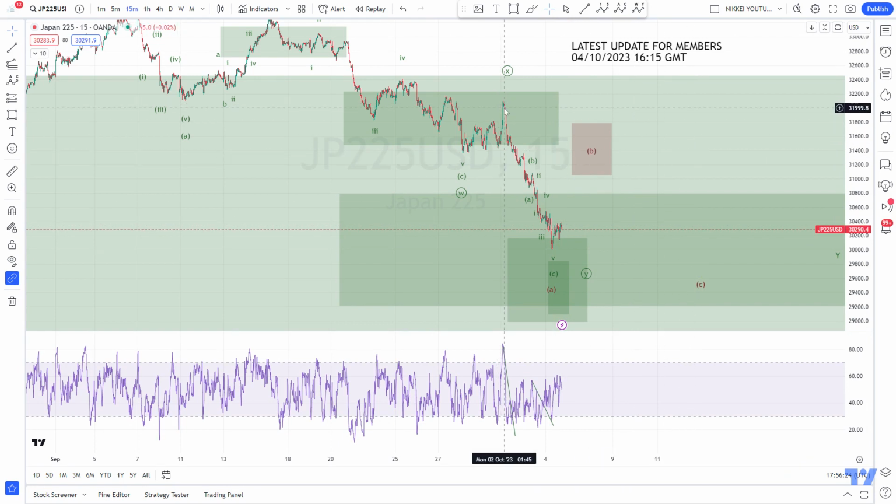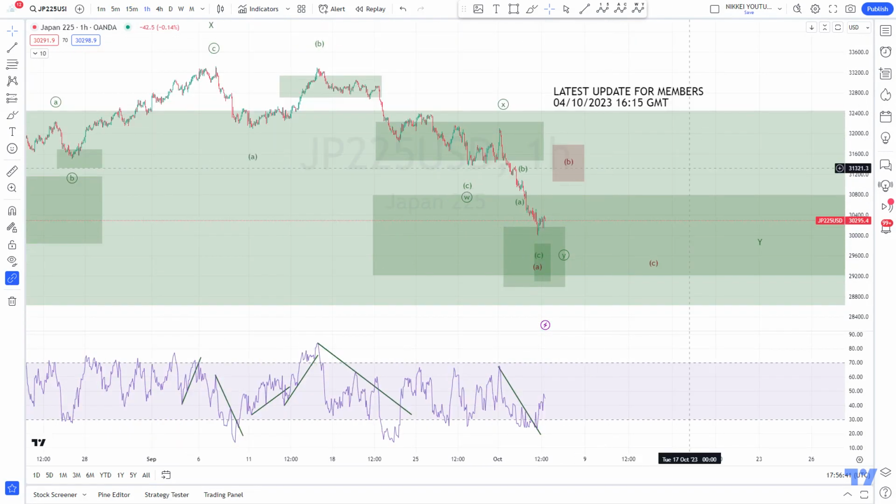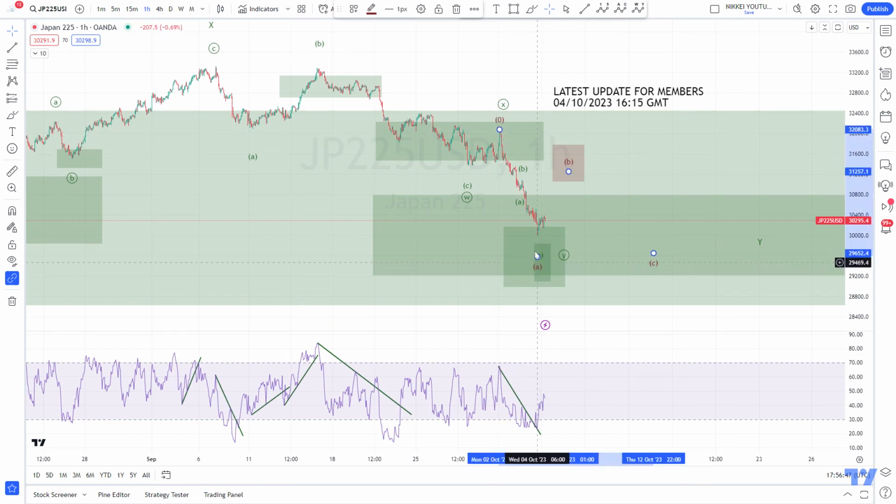Now, like I told you yesterday, if we have a straight line down, this makes it really hard to analyze. And so I can actually be completely wrong about what I'm saying now. If I'm completely wrong, then I would opt for the scenario that this here was just a wave A, as shown in red. This here was just a first impulse.